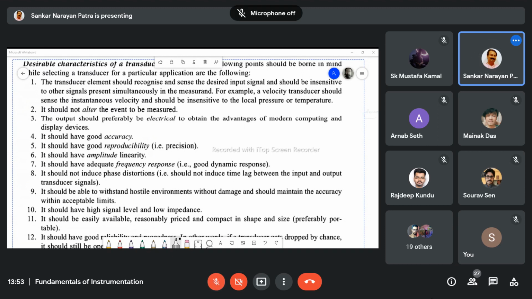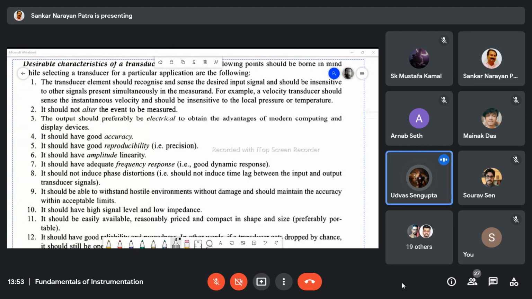What will be the next point? Udbhas, what is the next point? It should have good accuracy. Now, Udbhas, you just read out the next 2 or 3 points also.